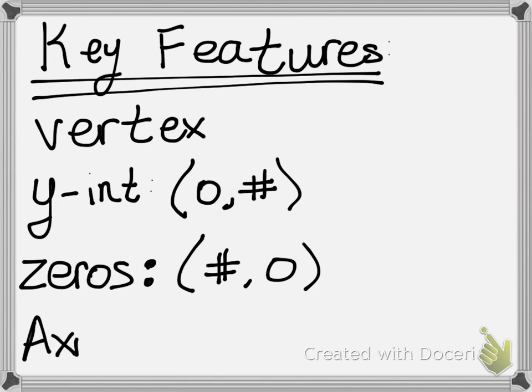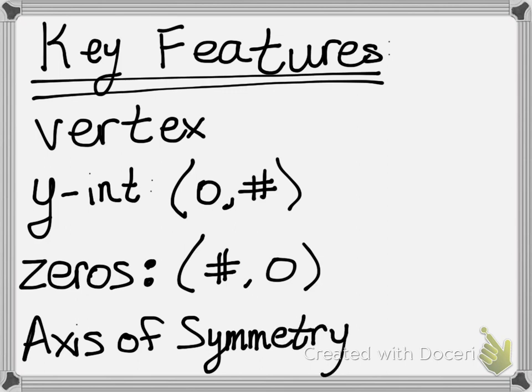And then our axis of symmetry. Now, what's really, really important about the axis of symmetry is that it goes through the vertex.